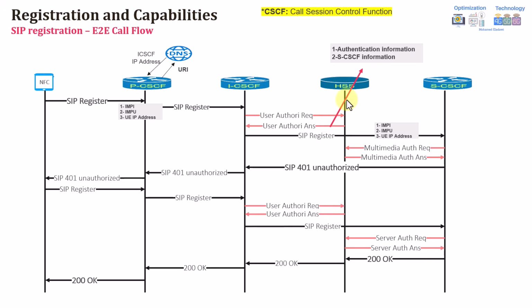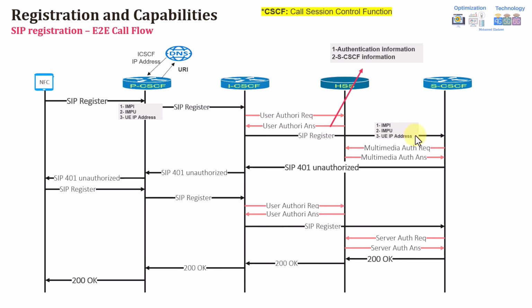Also, the HSS takes this IMSI and IMPU to check that this user is authorized. Maybe the user is restricted or blacklisted or whatever. So this is just a confirmation of the information being communicated to the I-CSCF.